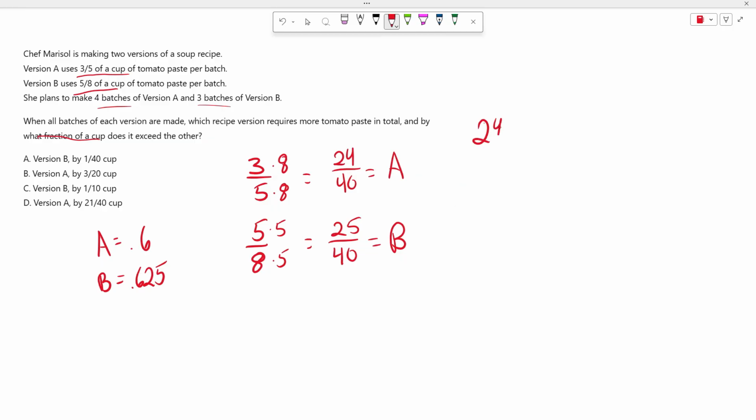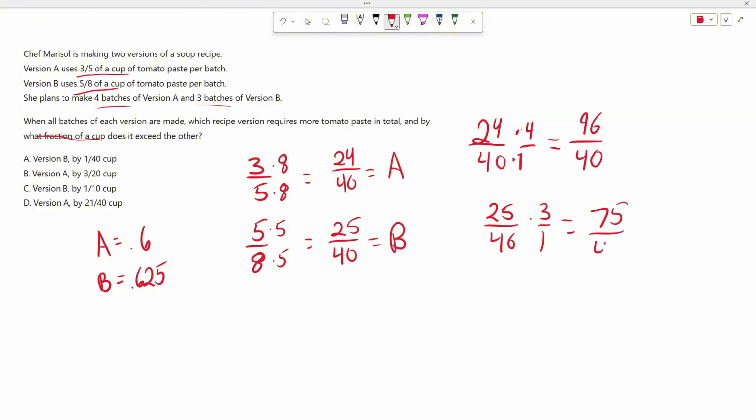When I take 24 and make 4 batches of it, I multiply by 4 over 1, not 4 over 4. 4 times 24 gives me 96 over 40. And if I make 3 batches, that's 25 over 40 times 3 over 1, which gives me 75 over 40. So we have 3 batches of version B, 4 batches of version A.